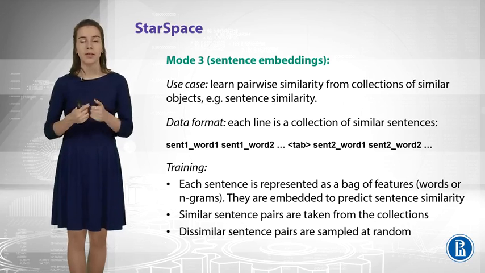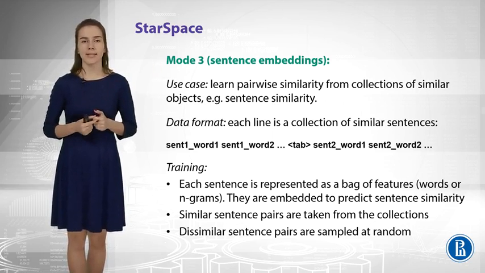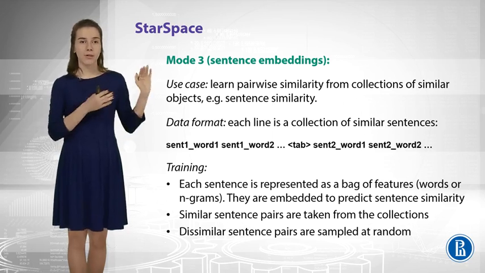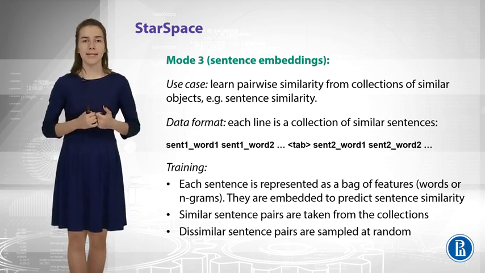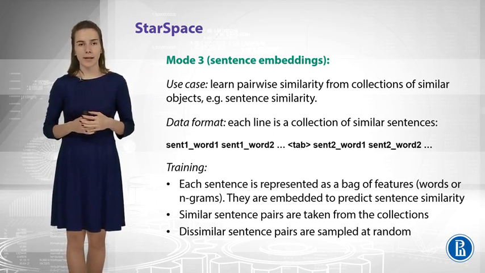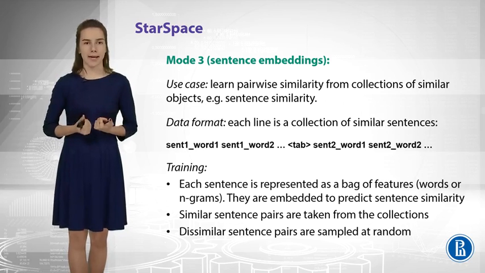Let us put them into one line of the file. Let us have tabs between the sentences and let us have spaces between the words. Now, in this format, we can feed this data to StarSpace and say that we need to train the embeddings for words and sentences.